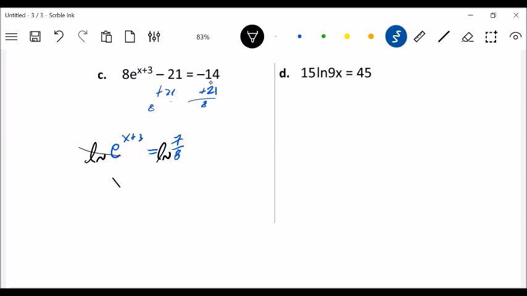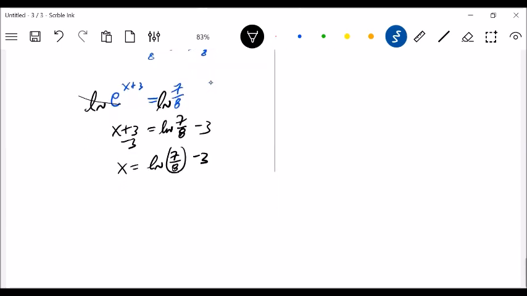That means this will cancel, so we'll get x plus 3 is equal to natural log of 7 divided by 8. And then we'll subtract 3 from both sides. And then that we can put into a calculator. So x is approximately negative 3.1335.